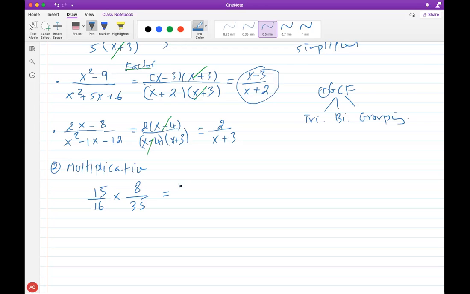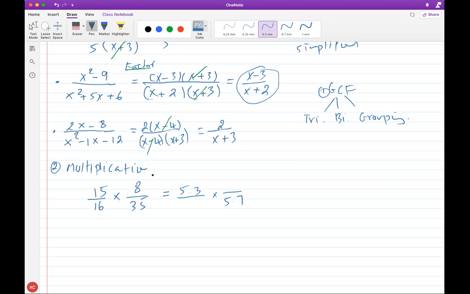For that, we're going to basically quote unquote factor, because these numbers can also be factored. For example, 15 we can write as 5 times 3. And we can cancel the 5 from these two later.